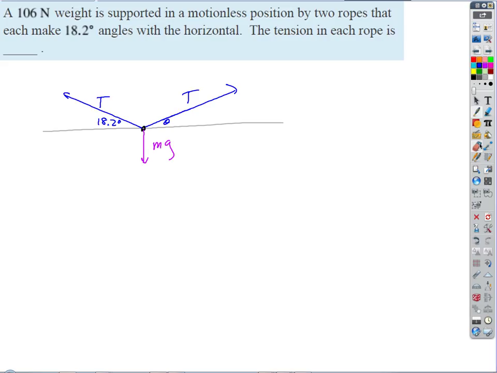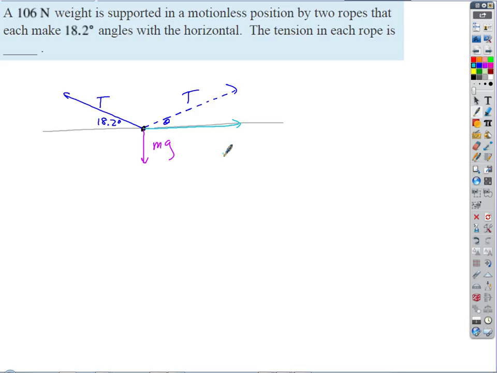We're going to replace each tension vector with its components. We're going to have a big horizontal component. What's the horizontal component going to be? That could be a cosine or a sine. Cosine, because it's adjacent.